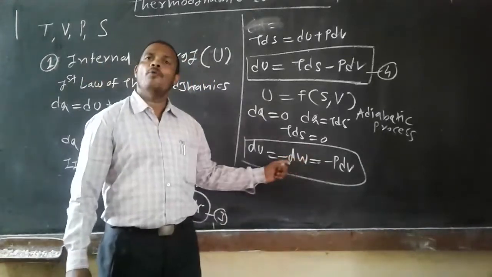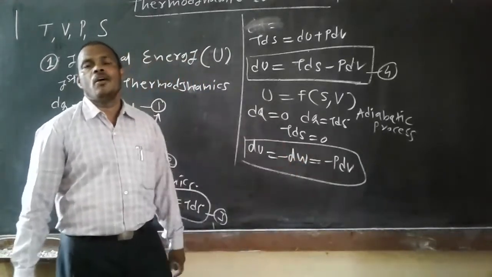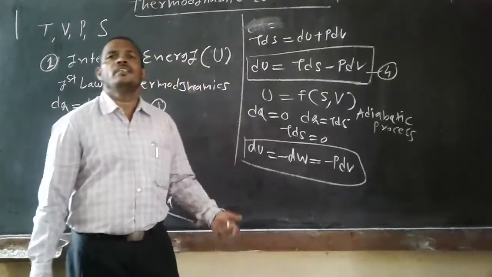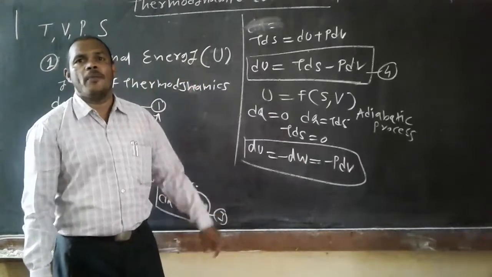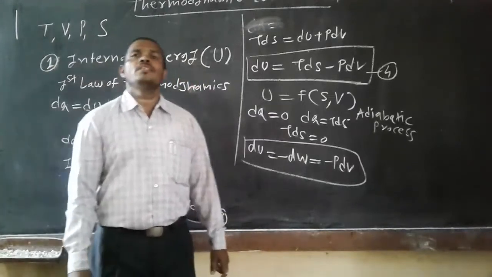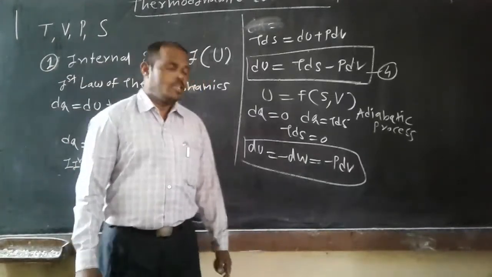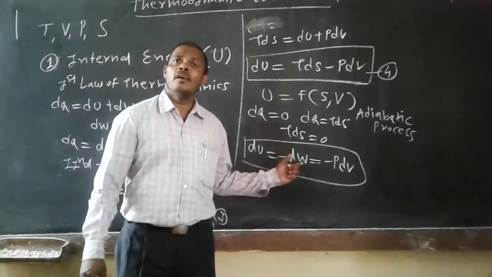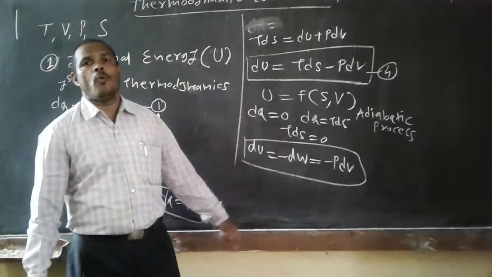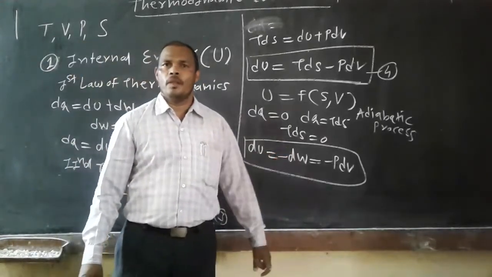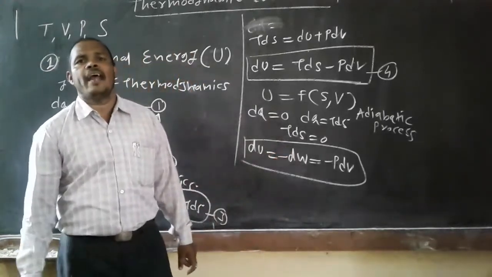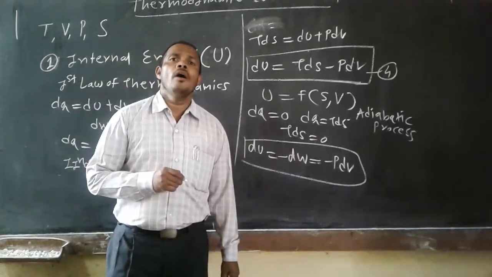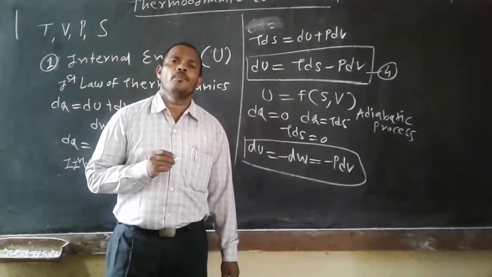work done on the system is taken as negative. So here negative work done means work is done on the system. So when system changes adiabatically from one state to another state, change in the internal energy is equal to work done on the system. And also we can say that internal energy depends on the state of the system.